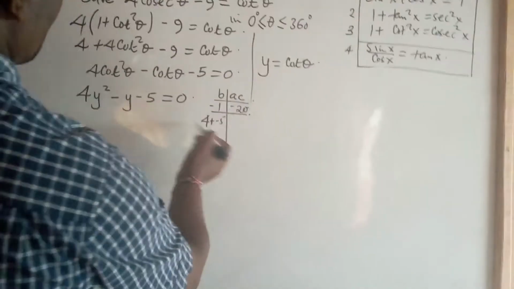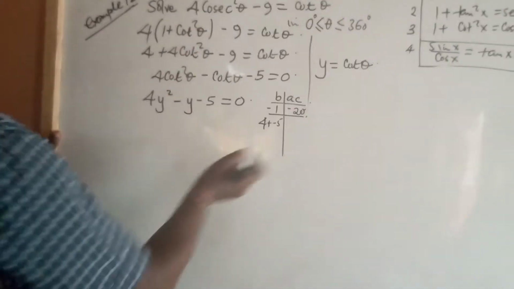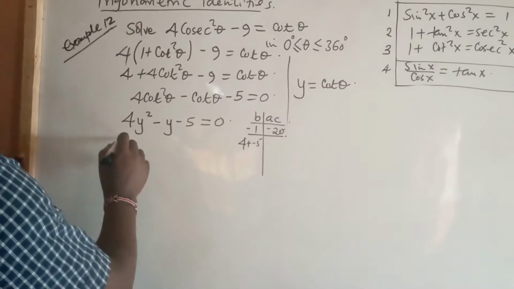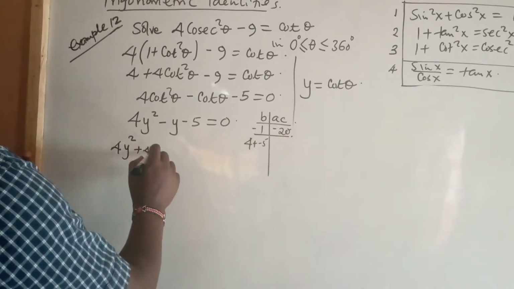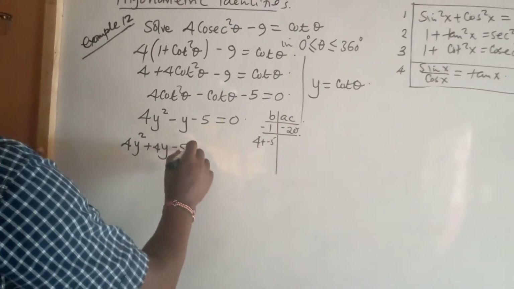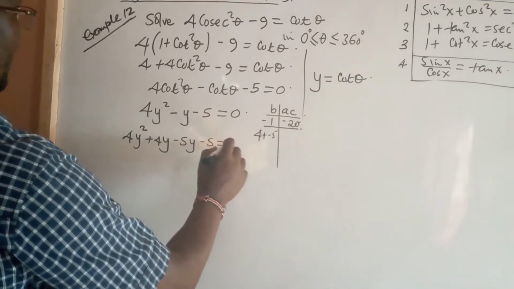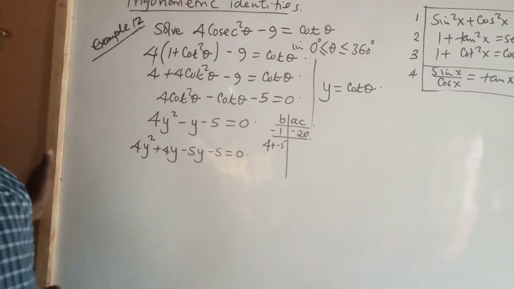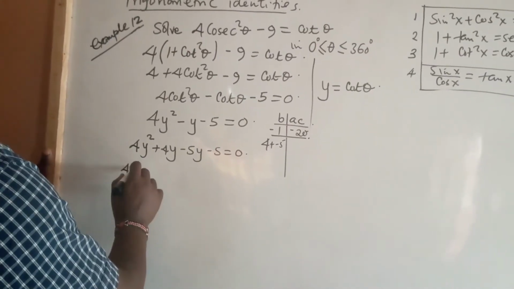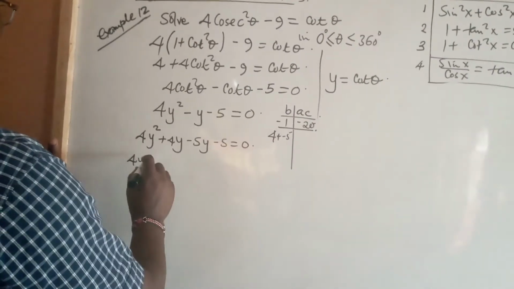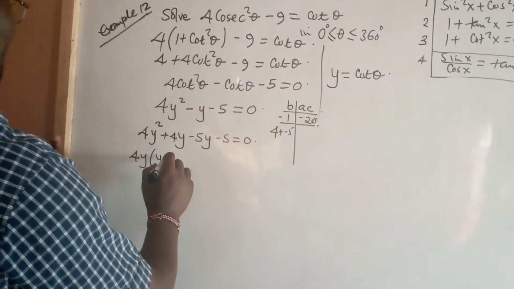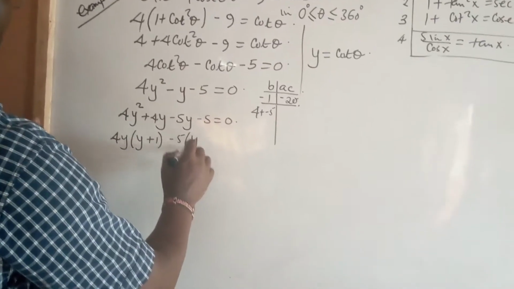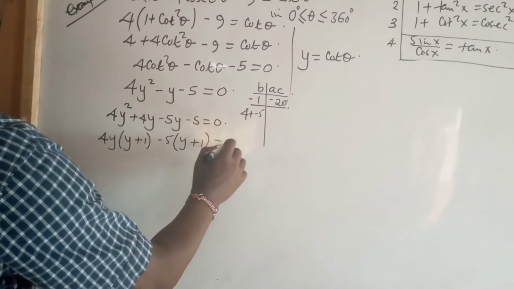So if we substitute these factors into the middle term, we are going to have 4y squared plus 4y minus 5y minus 5. We're going to get 0. Okay, in the first two terms, 4y is common, so 4y, open bracket, y plus 1, minus 5, which is common, no y, plus 1 is equal to 0.